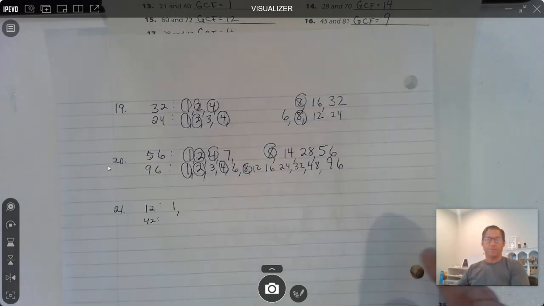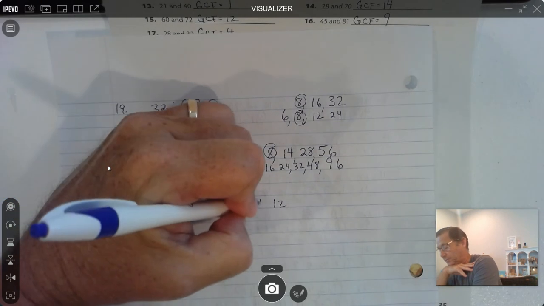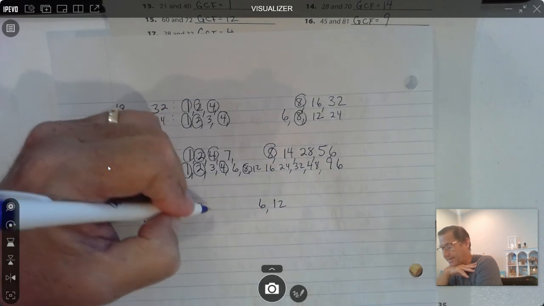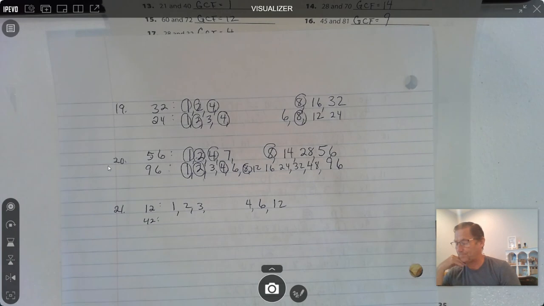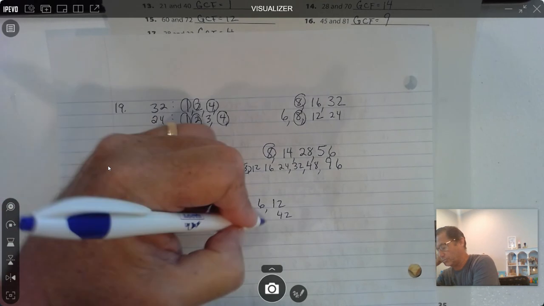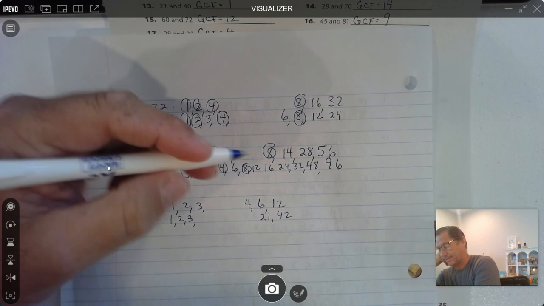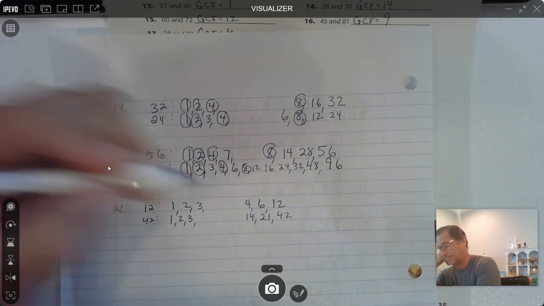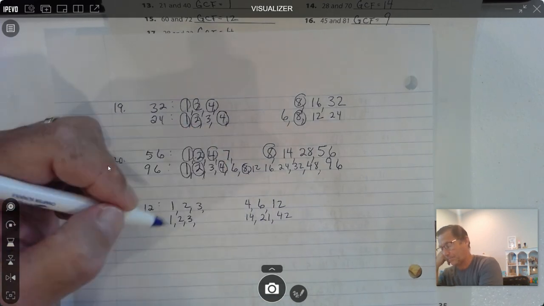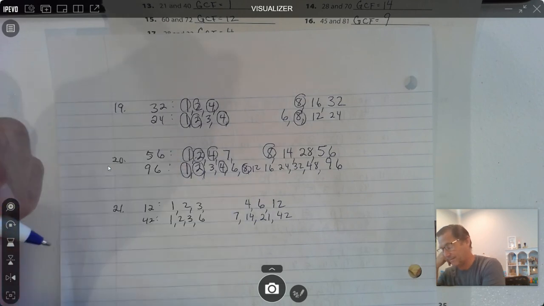Well, the factors of 12: 1 and 12, 2 and 6, 3 and 4. Factors of 42: 1 and 42, 2 and 21, 3 and 14, 6 and 7.